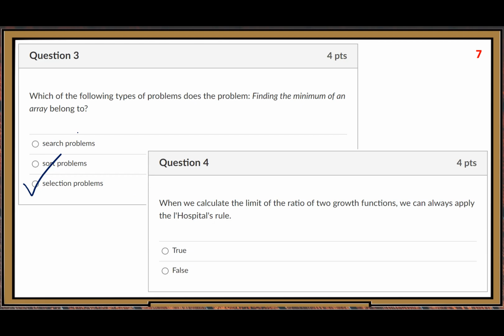When we calculate the limit of the ratio of growth functions, we can always apply L'Hôpital's rule? No, because we need to check if that ratio is an indeterminate form. False.